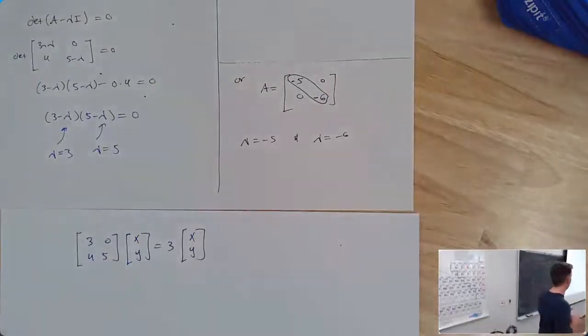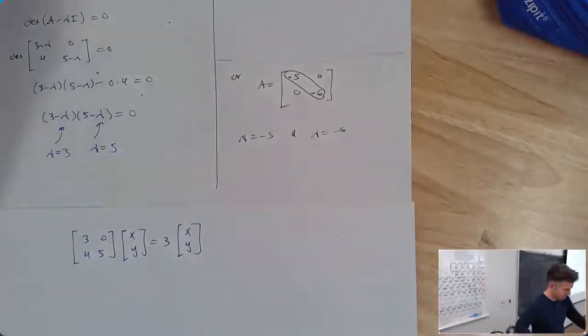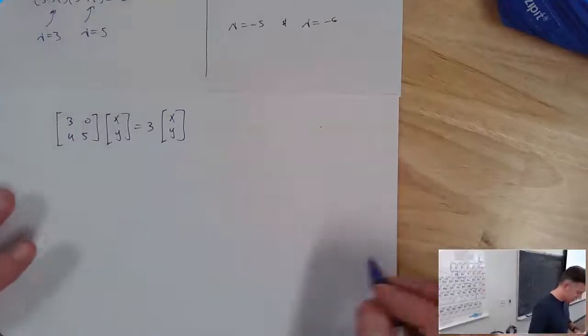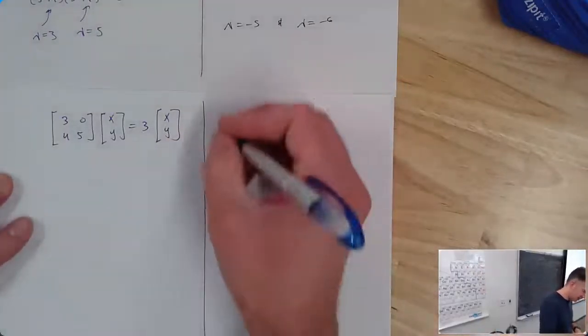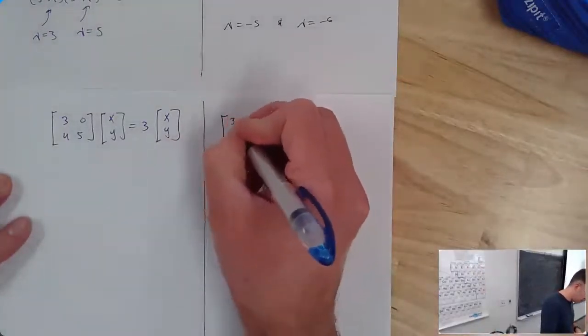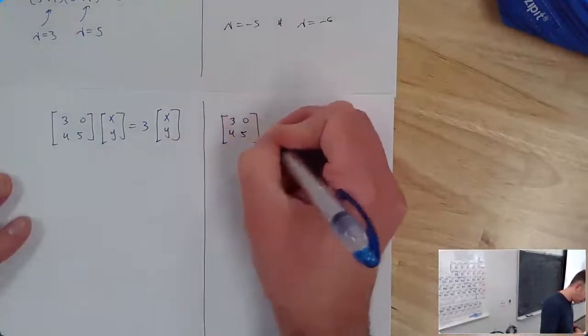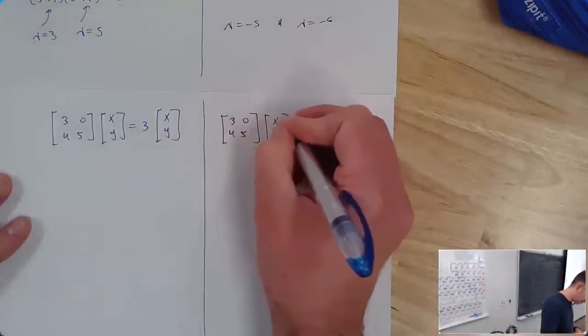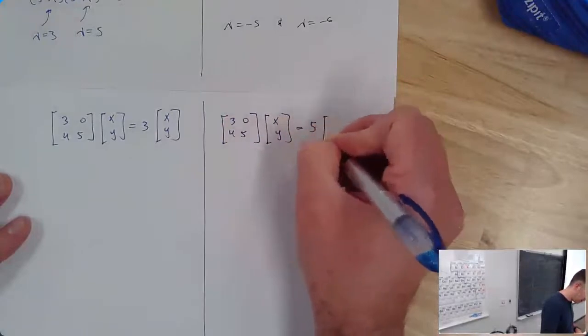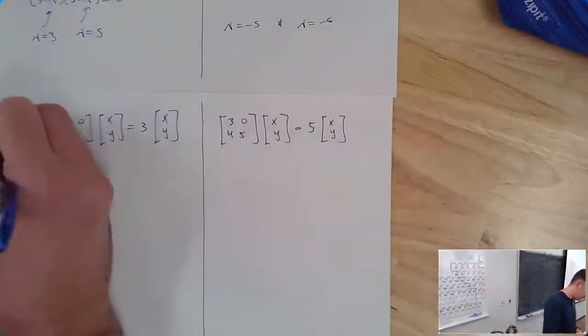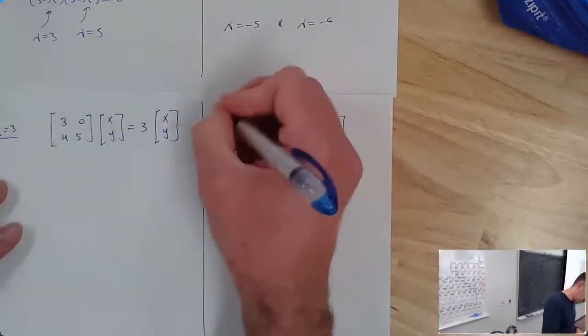One of them is usually fine. One of them is usually weird. Fine's maybe an overstatement. So I've got this, and I've also got the other one: 3, 0, 4, 5 times my unknown eigenvector equal to 5 times my unknown eigenvector. This is for lambda equal to 3. This is for lambda equal to 5.